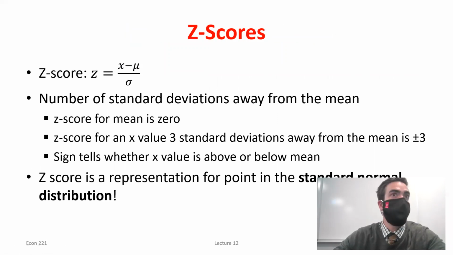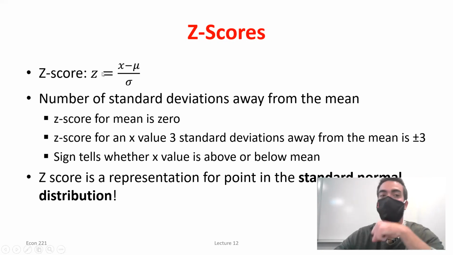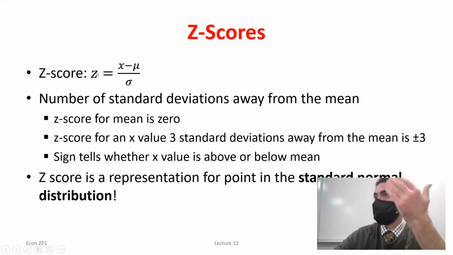So typically we see something like 70 for x. Maybe that's something like height in inches. So we subtract average height and divide by the standard deviation in height. Once we convert it to a z-score, we now know how many standard deviations away from the mean that x value of 70 was. If the z-score is negative, that's being below the mean; positive, above.